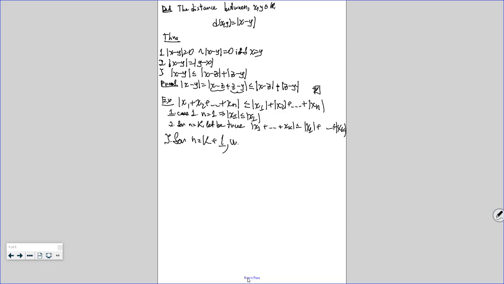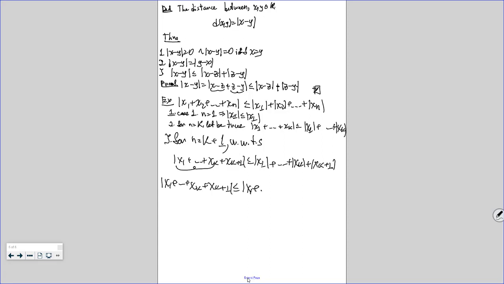So we want to show that the absolute value of x1 plus ... plus xk plus xk plus 1 is less than or equal to this. From the triangular inequality, we can write that it is less than or equal to the absolute value of the sum of x1 through xk plus the absolute value of xk plus 1.